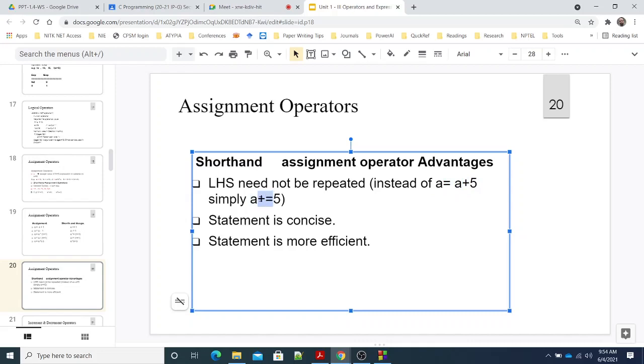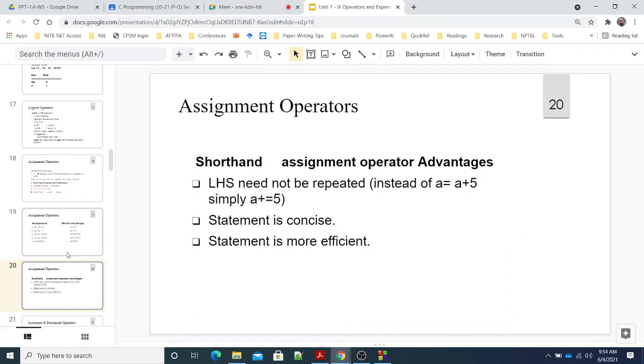If the CPU supports such commands, then it will be slightly more efficient. That means the time taken for executing this expression will be a little bit less than this. We always want our program to execute faster, our apps to work faster, our web page or YouTube video to play faster. So a slight time saving is done in this operation. That is one advantage.